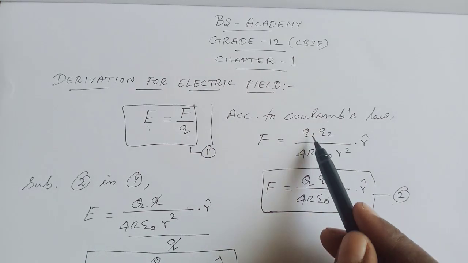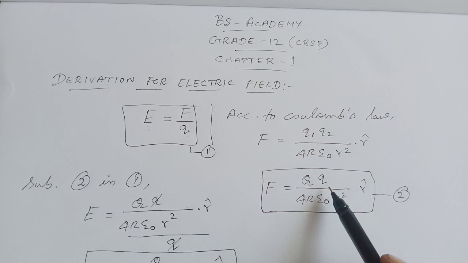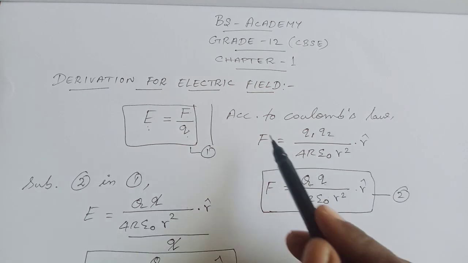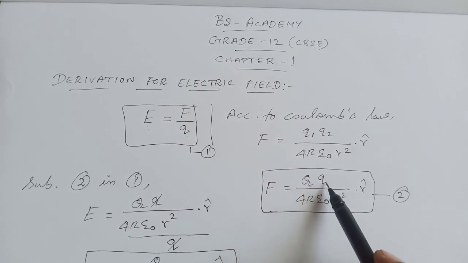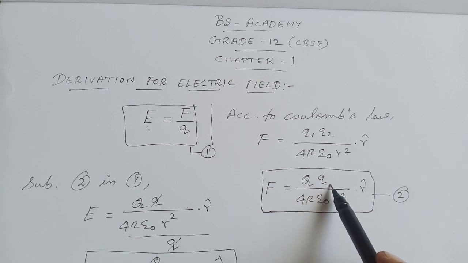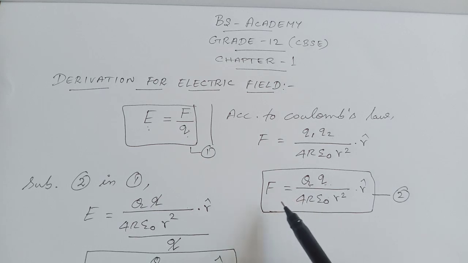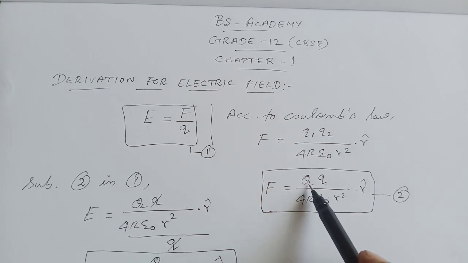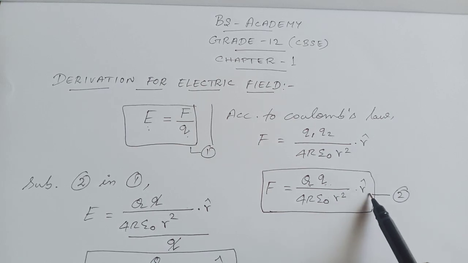In Coulomb's law we considered the two charges as Q1 and Q2. Now here we can replace Q1 as capital Q and Q2 as small q, because for electric field we have considered the charges as capital Q and small q, where capital Q is the source charge and small q is the test charge. So F is equal to Q into q by 4 pi epsilon naught r square into r cap.